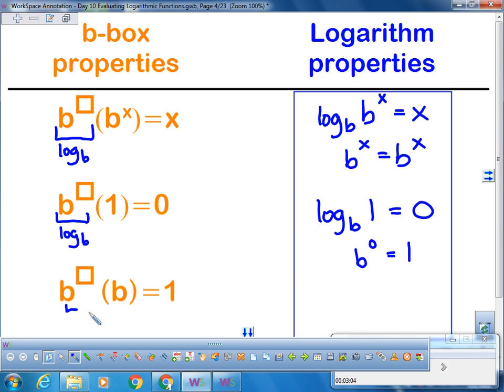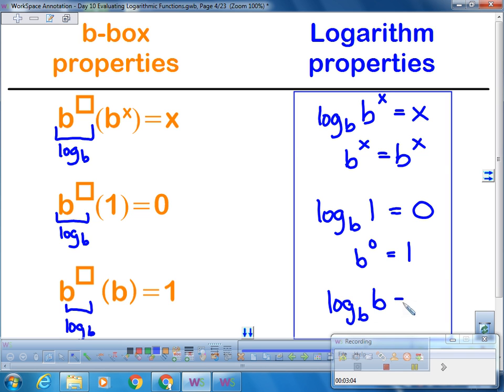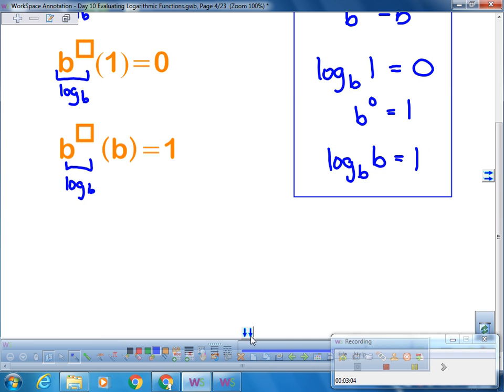Last one. Log base b of b equals 1. Reasoning? A base of b to the exponent 1 equals b.